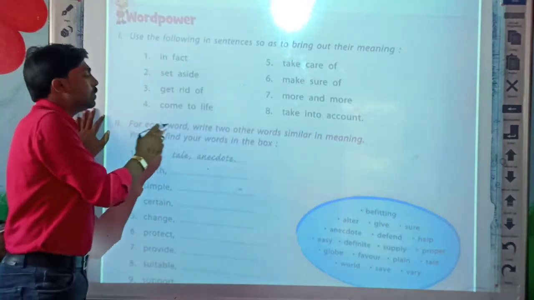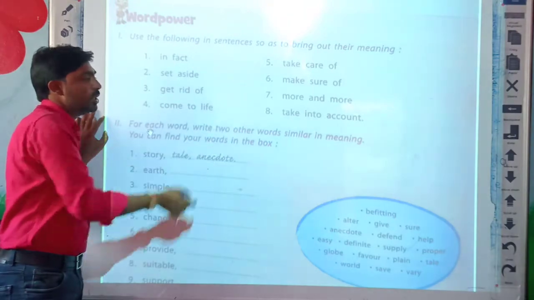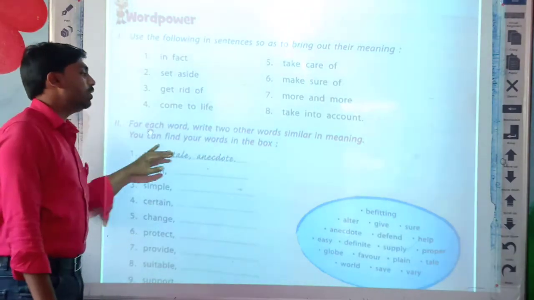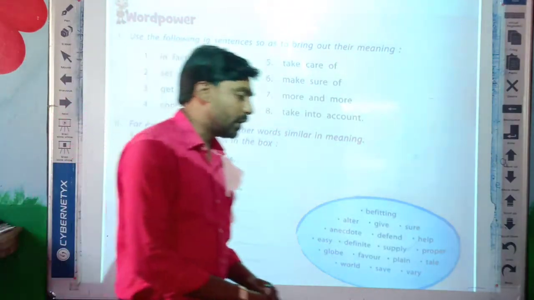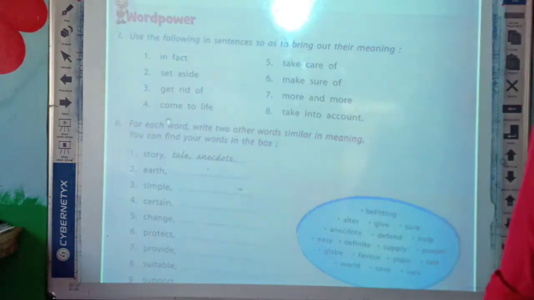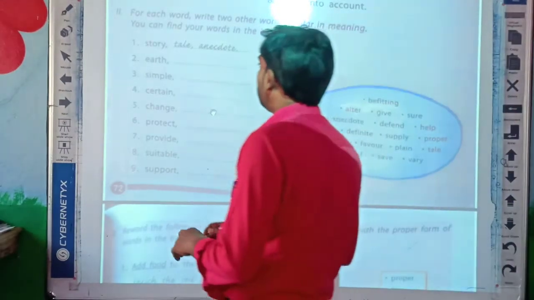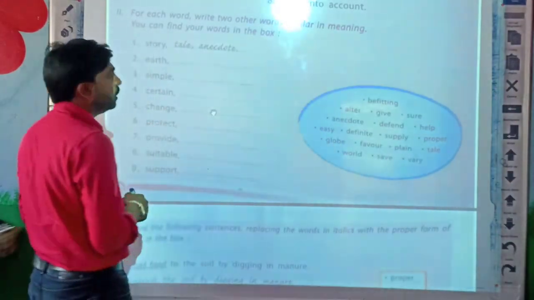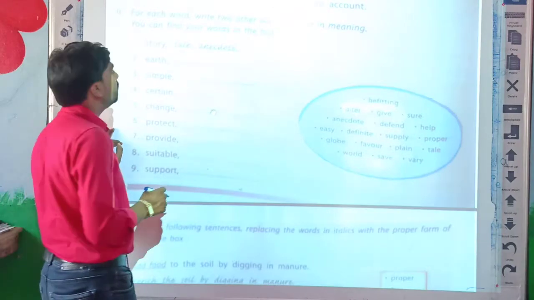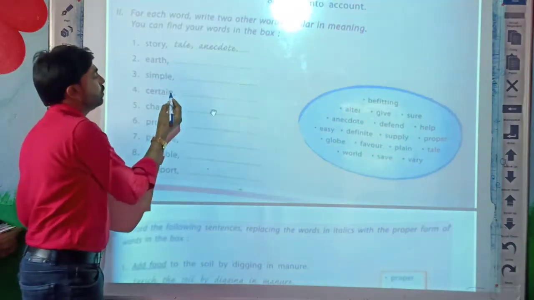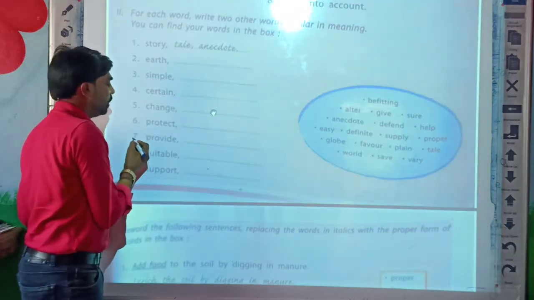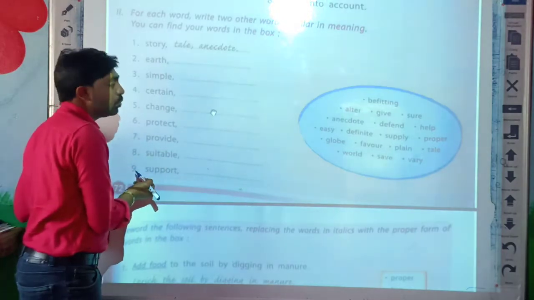Second, for each word write two other words similar in meaning. You can find your words in the box. So we have to write synonyms. Two synonyms we have to write, and from the box we have to find and write them. Story means tale or anecdote. Earth means what? So we can see here. First words: earth, simple, certain, change, protect, provide, suitable, support.